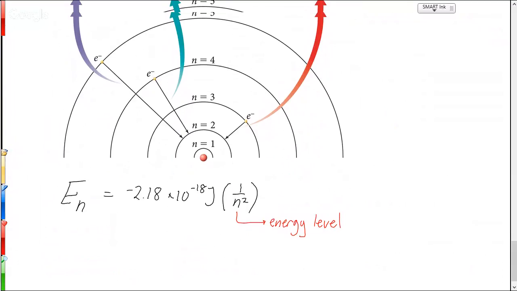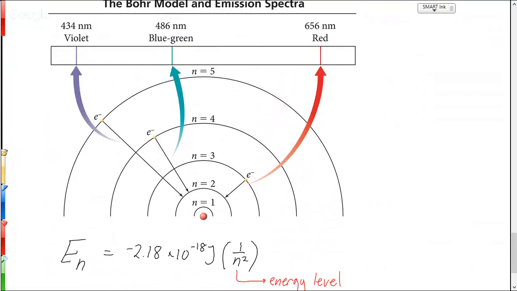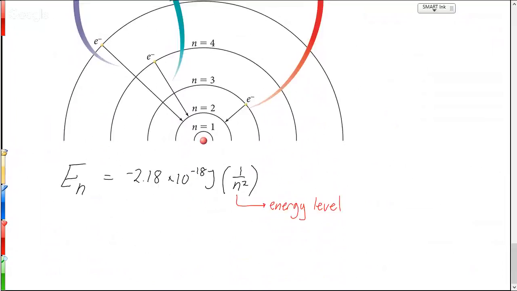What we can use it for is to describe the spectrum by looking at the difference. We can say that the change in energy as we go from, let's say, n=5 to n=1 is going to be the difference in those two energy levels.